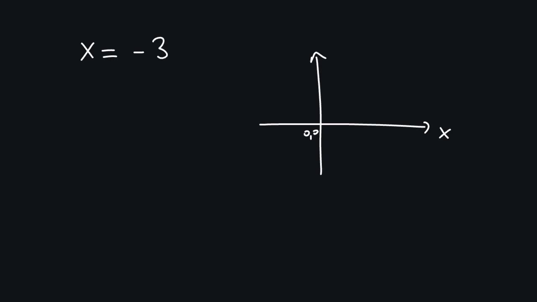So since it's x equals -3, I go to -3 and make a straight line, which is vertical also. And if you look at the line, all the points on the line, there's an infinite number of points here, has x equals -3. So y is different, but x is always -3 on the given equation.